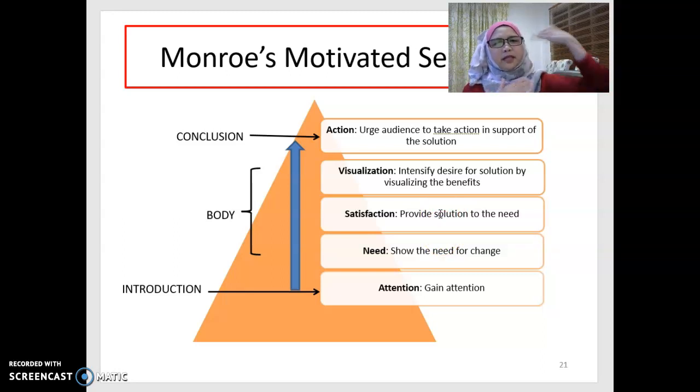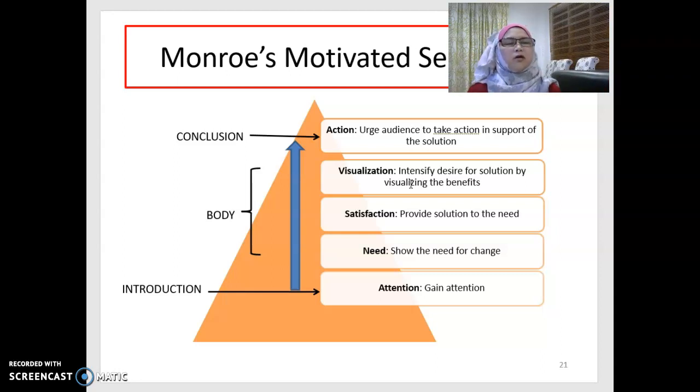The next segment is visualization. Show them what can be done when they contribute. For instance, if you want them to contribute just 1 ringgit per person, and you're reaching out to 100,000 people because your aim is to get 100,000 ringgit, you tell them, with that 1 ringgit, this is what you can do.